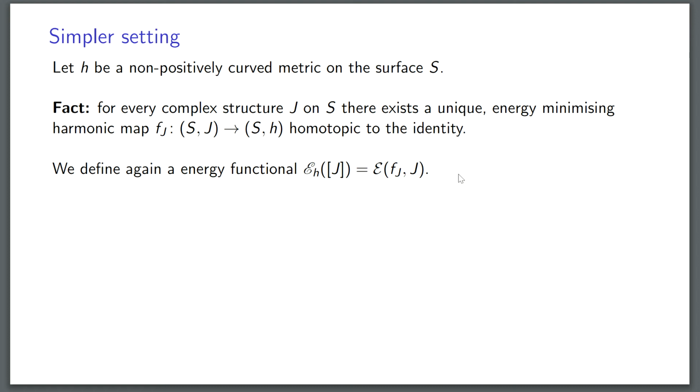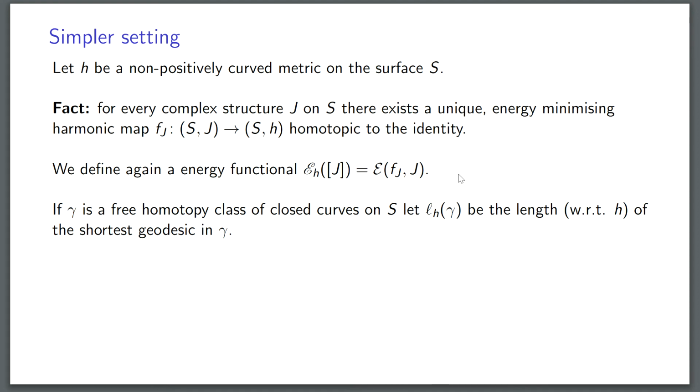Our first result relates the energy spectrum to the simple length spectrum of H. So let's first introduce what the simple length spectrum is. If gamma is some free homotopy class of closed curves on S, then we consider the length of this homotopy class to be the shortest length of a loop in the homotopy class. And this is measured with respect to the metric H. So L_H of gamma really is the length of the shortest geodesic loop that lies in the free homotopy class.